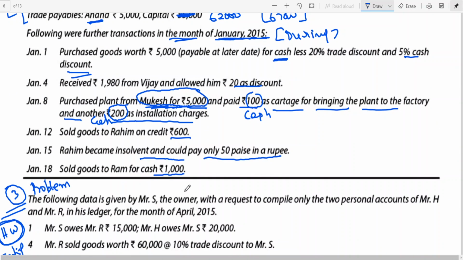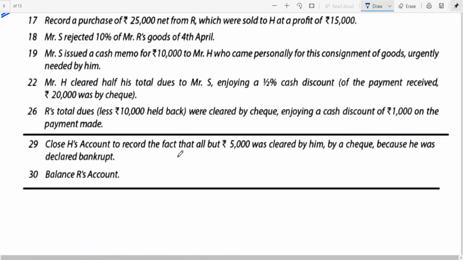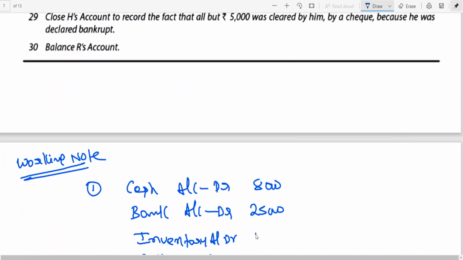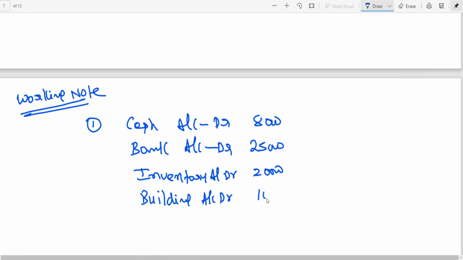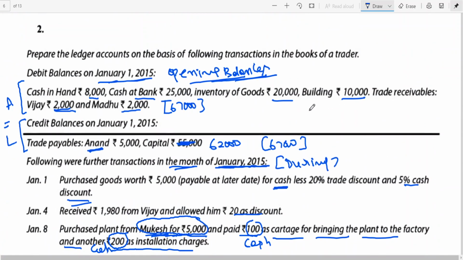Building account at R 20. Building 10. Vijay, Madhu. Vijay 2000. Madhu 2000.